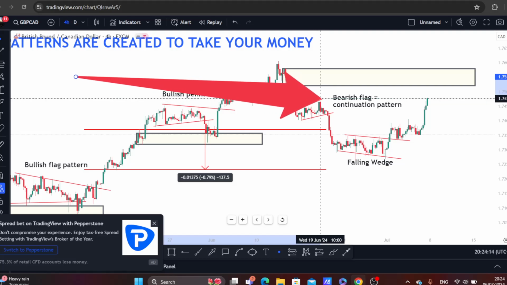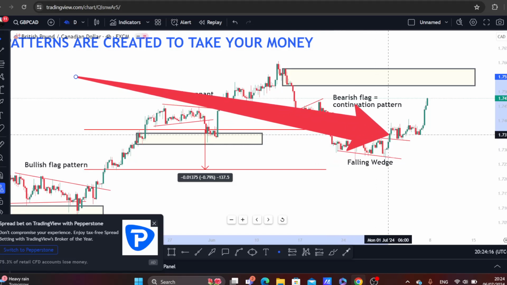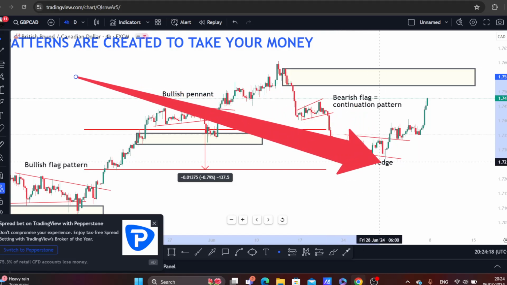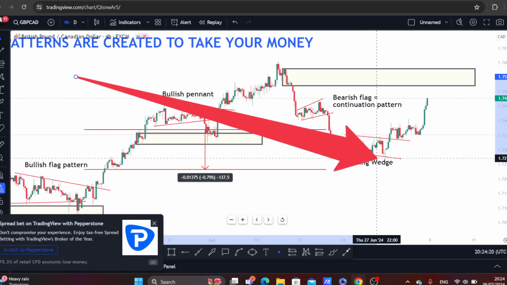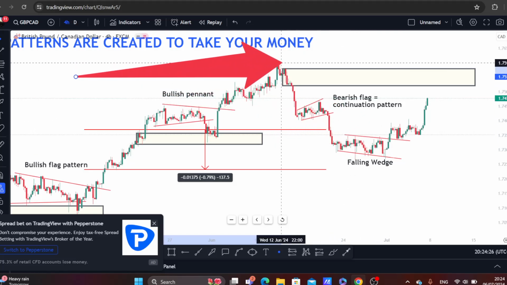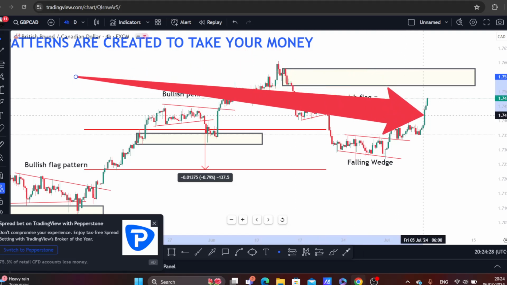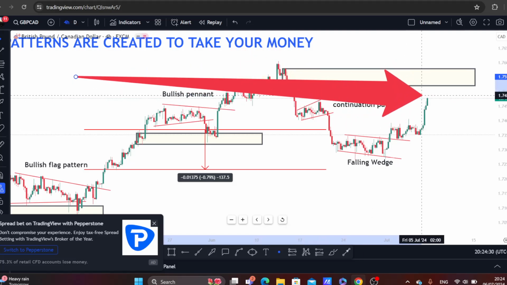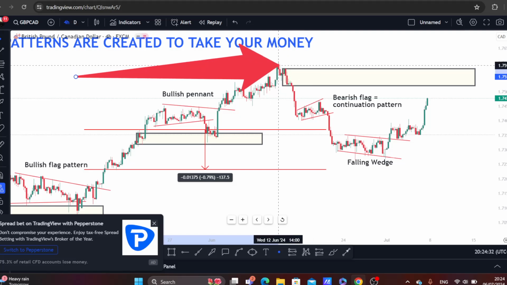And if you've gone long at this breakout, your stops are below this level, below the falling wedge. And your TP, you're going to be targeting this high. I do not anticipate this to move up to that high.